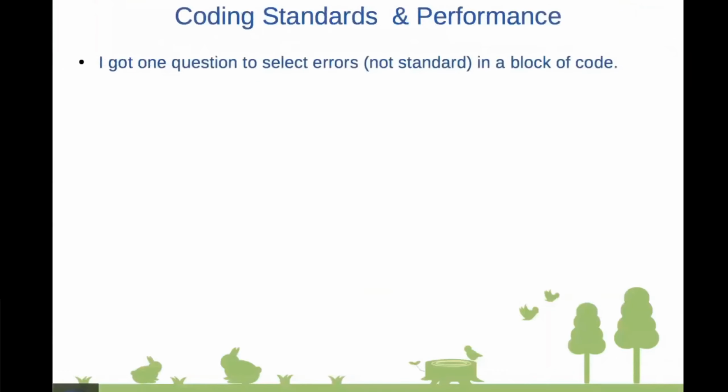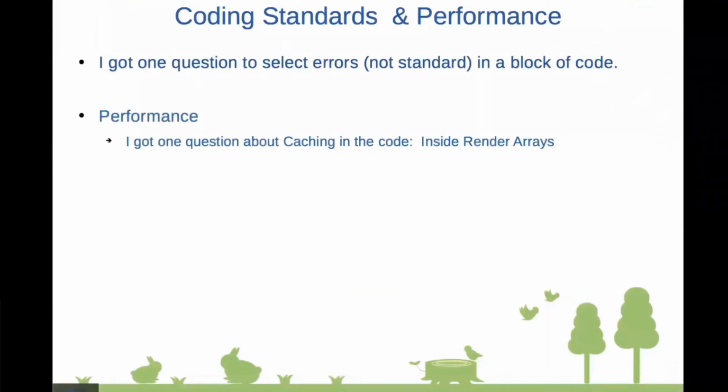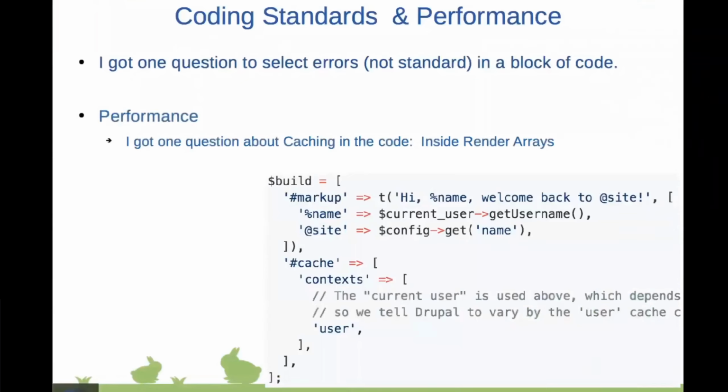Coding standards and performance. I got a couple of questions about them. Coding standards: they give a block of code and let you choose what's wrong with this code. I have to choose the correct answer from there. Performance. It's related to cache, but it's programming. I got a very similar one.